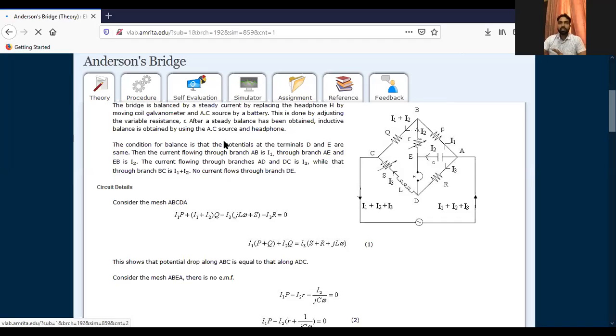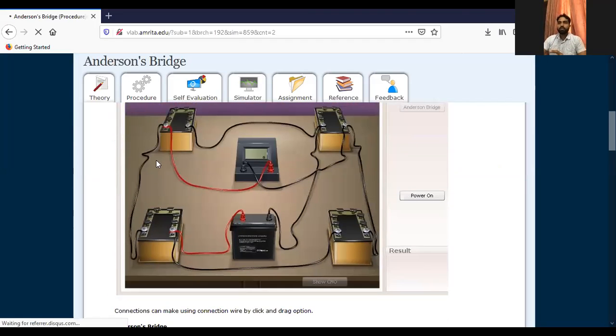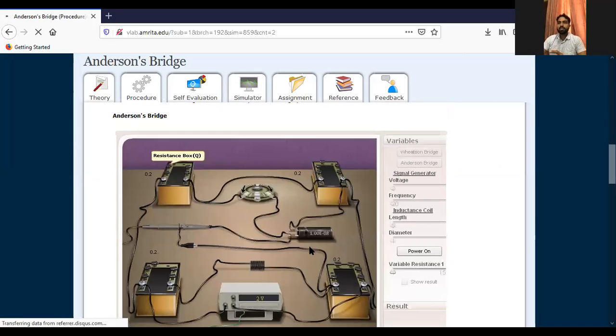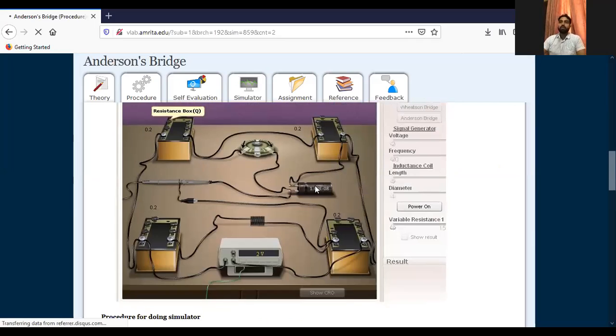So that's why this has been taken. So one, two, three, four resistances, and additionally we are adding one capacitor and one inductor. And now we are adding the same galvanometer, no issue at all.